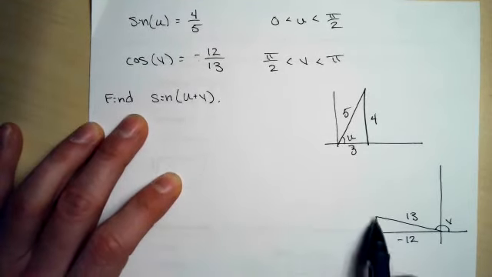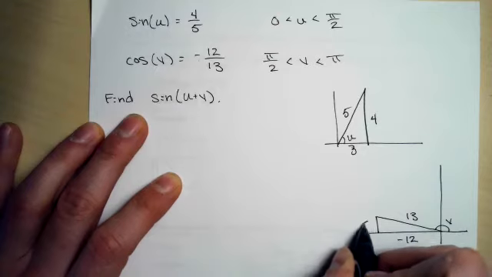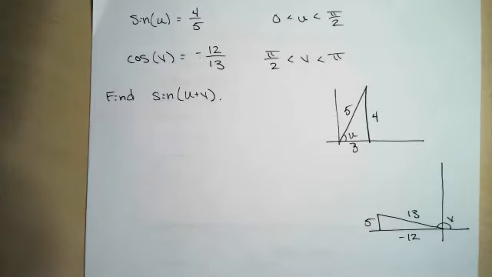So again, use the Pythagorean theorem to find that other side. This one's another nice Pythagorean triple. So 13 squared is 169 minus 144 gives us 25. So once you got your triangles, now let's figure out what they're asking.